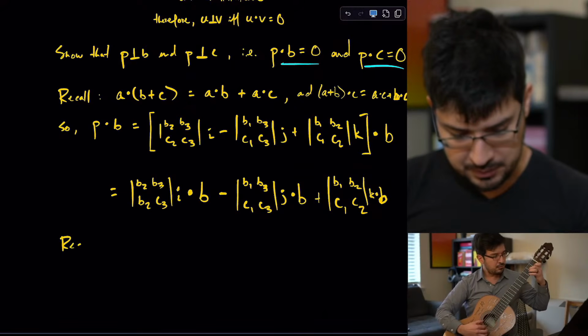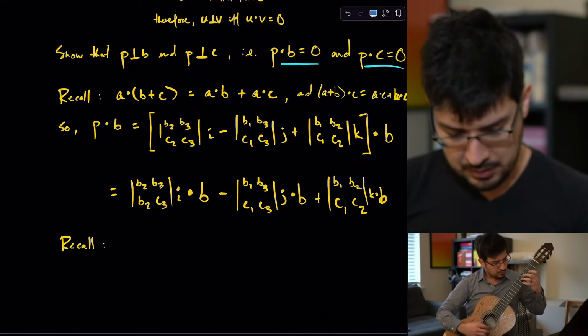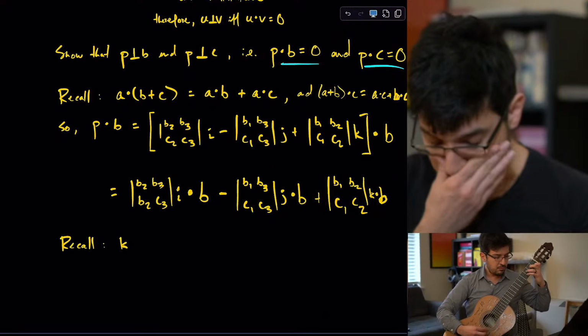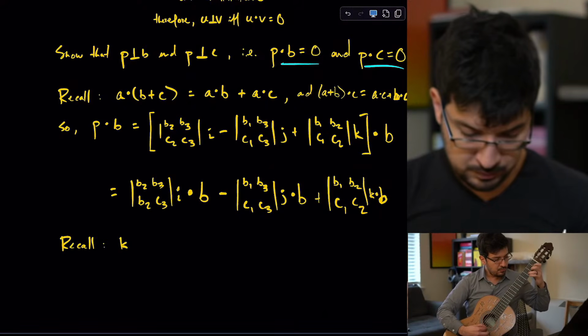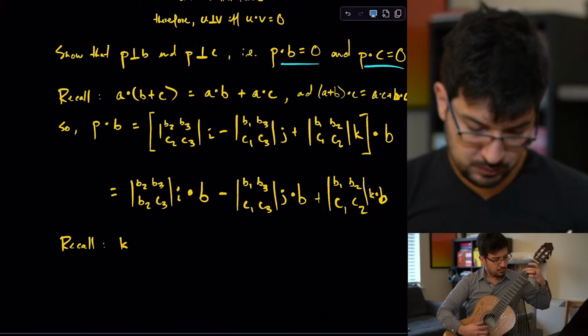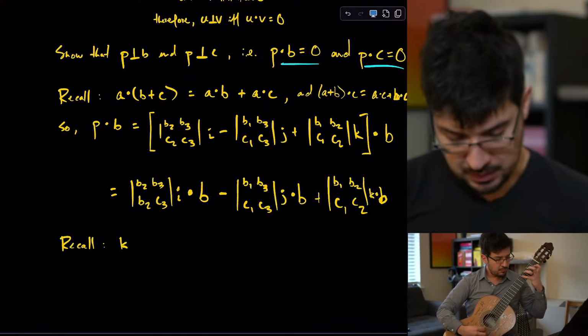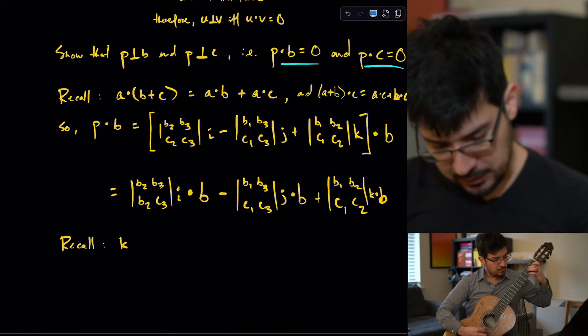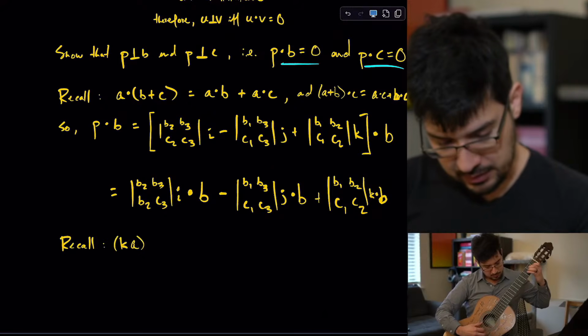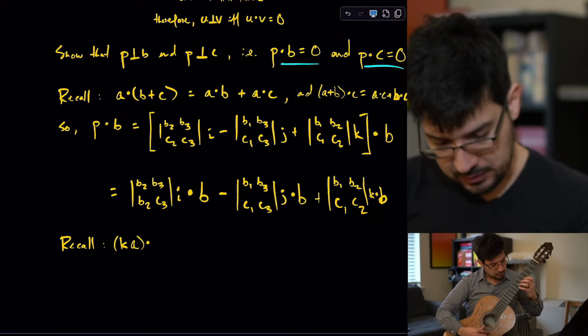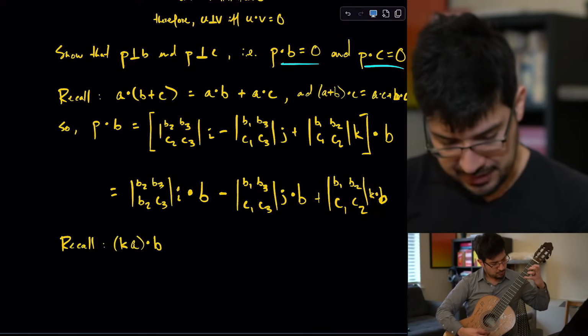Now, let's also recall a scalar multiple times a vector dot product with another vector.